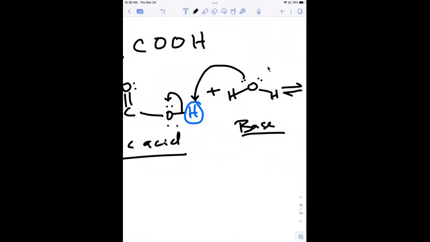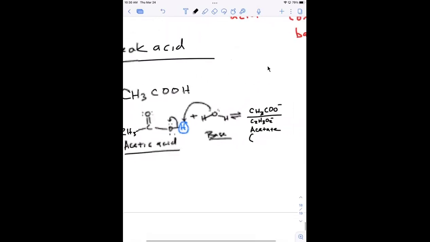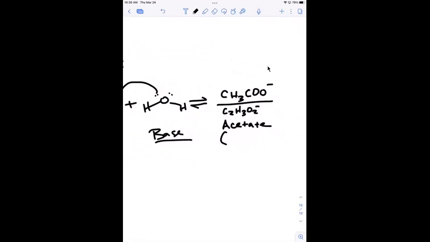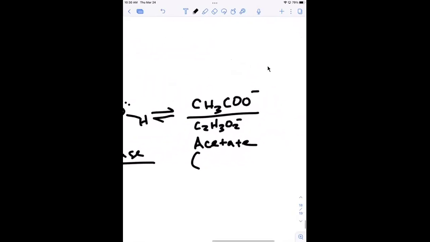This is how we show what you call a mechanism, where you show the arrows moving between atoms and the electrons being exchanged. But I don't want to get too deep in the weeds with that. Now once my acid gives up its proton, I'm left with the conjugate base.